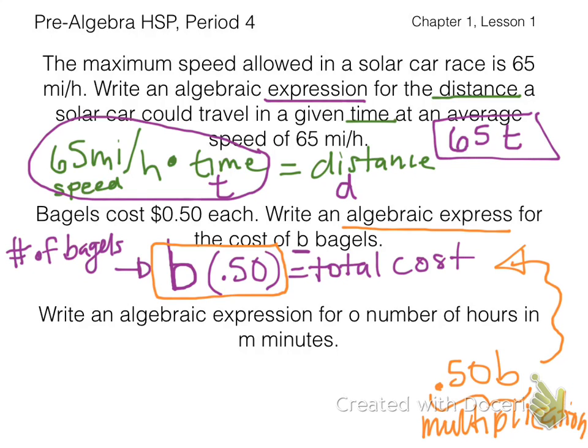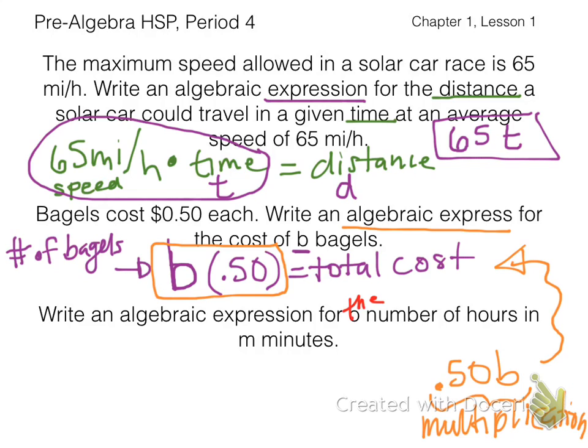Write an expression for the number of hours in minutes. And this is actually supposed to be, this is typed out wrong. So this is the write an algebraic expression for the number of hours in m minutes.